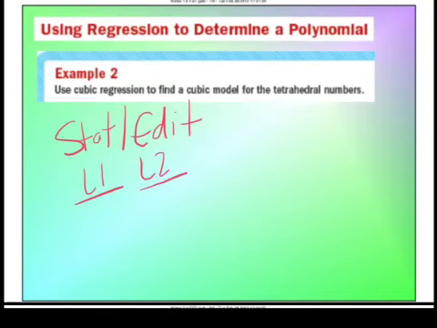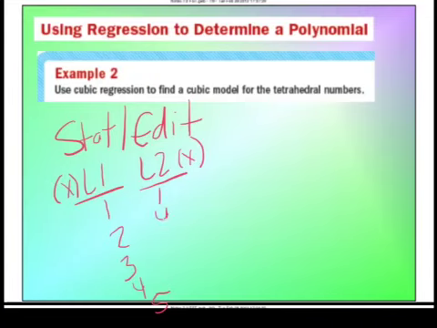In List 1, let's put all the x values. In List 2, let's put the y values. So for example, our x's for the tetrahedral numbers, we had 1, 2, 3, 4, 5. The corresponding y's were 1, 4, 10, 20, 35. And you could also add the ordered pair 6, 56.